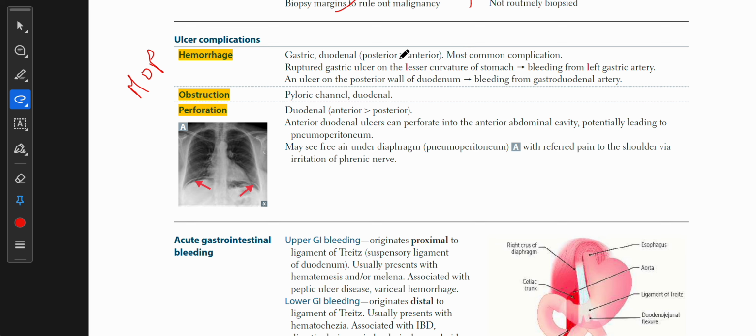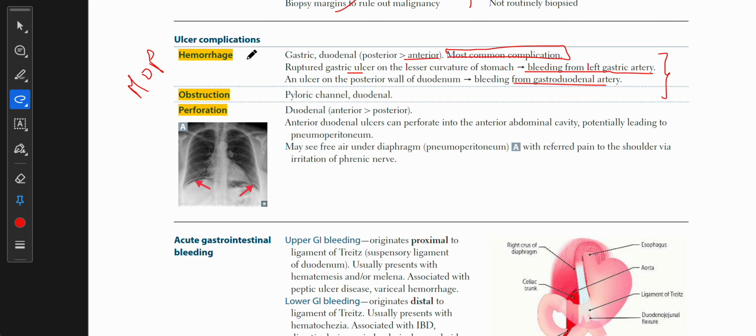So hemorrhage, gastric or duodenal, posterior greater than anterior, is the most common complication. A ruptured gastric ulcer on the lesser curvature of the stomach bleeds from the left gastric artery, and an ulcer on the posterior wall of the duodenum bleeds from the gastroduodenal artery.